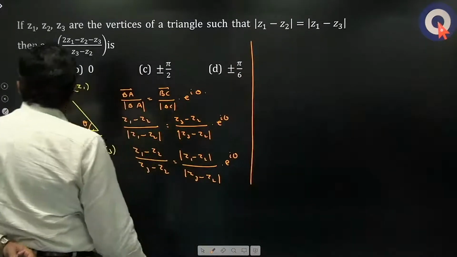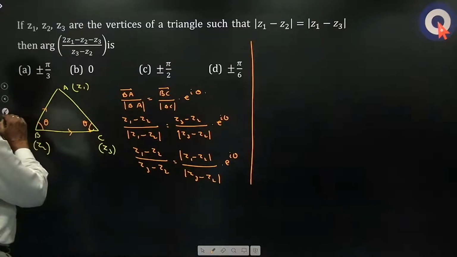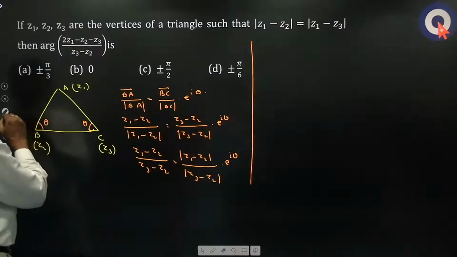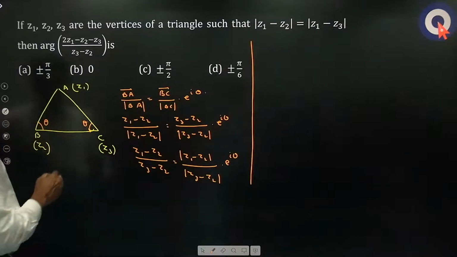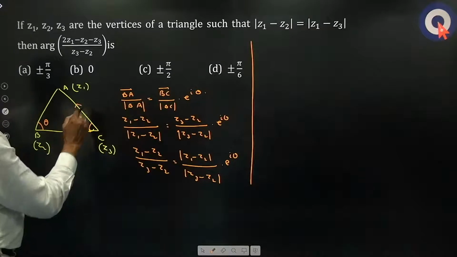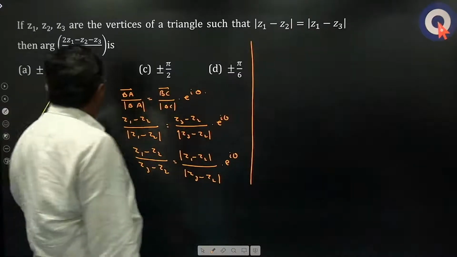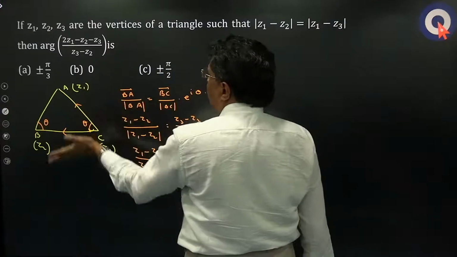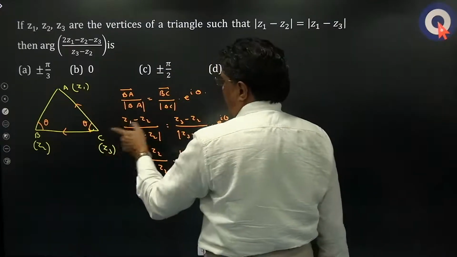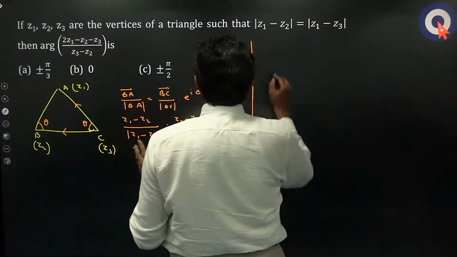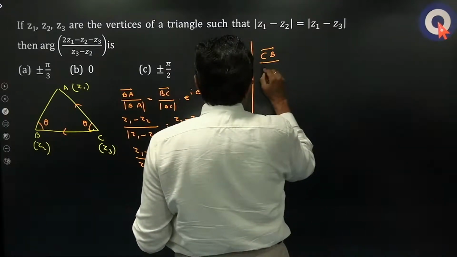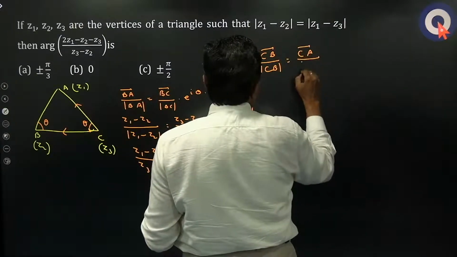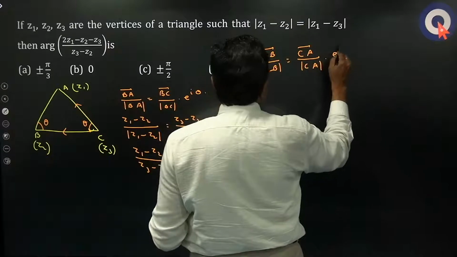All right. So now I will consider CB and CA, and CA I will rotate to make it coincide with CB. So the final vector is CB. So CB by mod CB is equal to CA by mod CA into e power I theta.